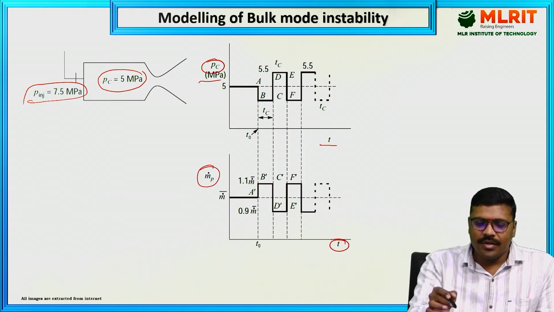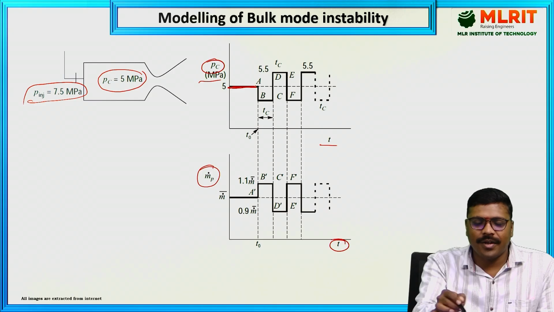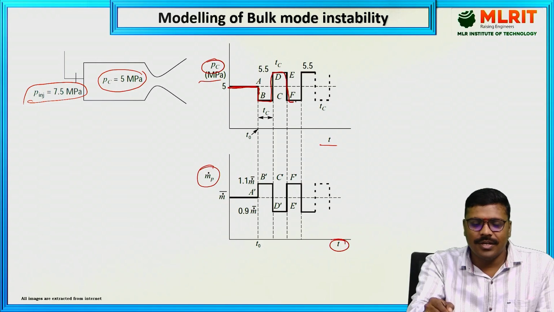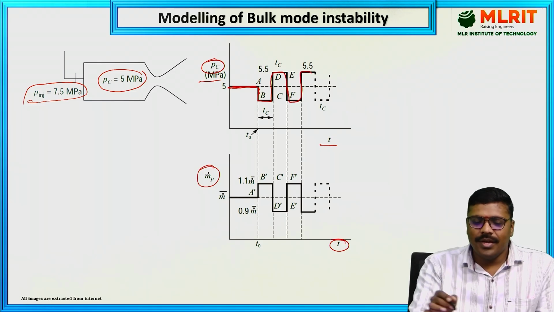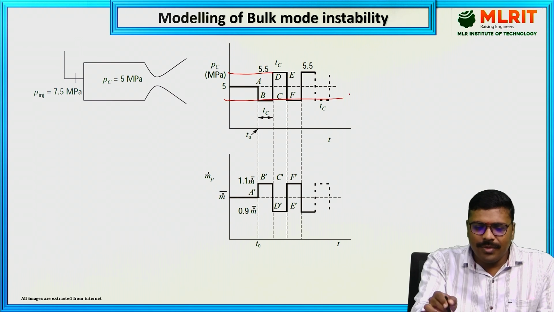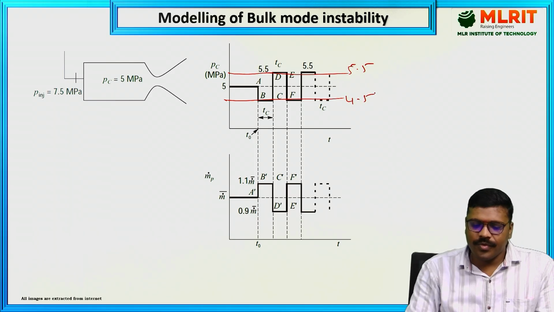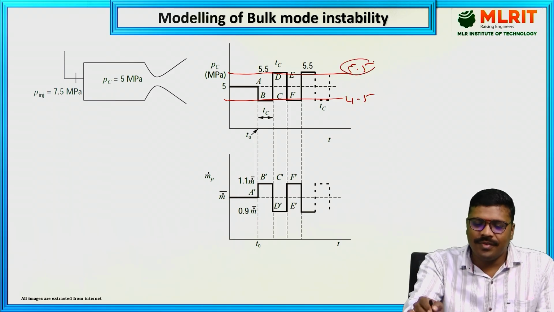If you see here, up to point A there are no pressure fluctuations. The pressure is constant up to point A. From point A, the pressure decreases and increases, decreases and increases. If you observe here, the pressure is fluctuating between these two lines, that is 5.5 and 4.5.